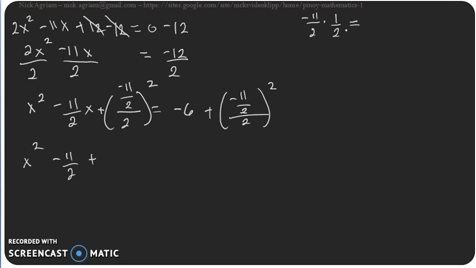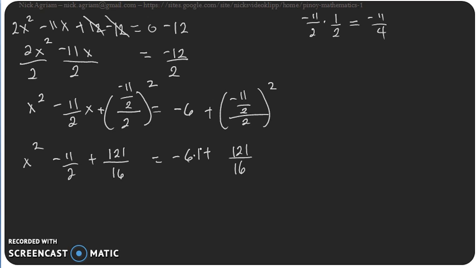And that's the way you learned from dividing fractions. Then we have negative 11/4 squared, so we have 121/16 is equal to negative 6 plus 121/16.